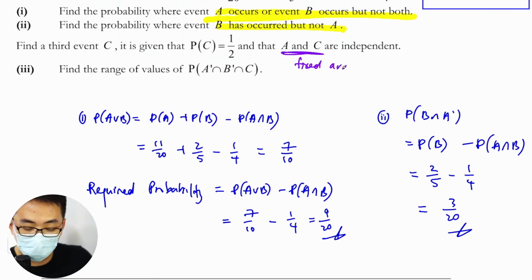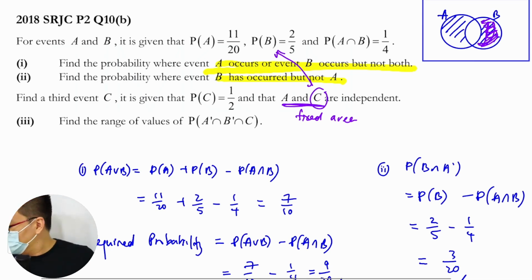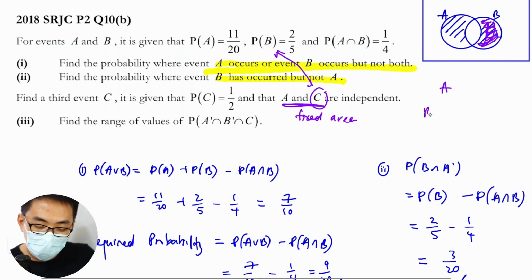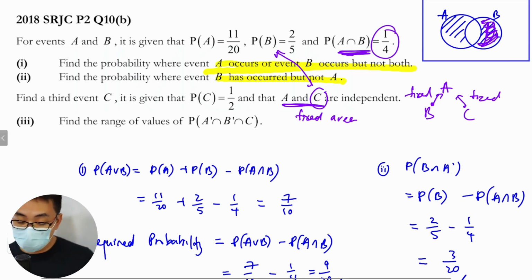What is not fixed is between C and B. It's like a triple relationship with A, B, and C. Between A and B is fixed, between A and C is also fixed, but what is not fixed is between B and C. Because A and B, you have 1/4, and A and C are independent. So that's the whole idea there.